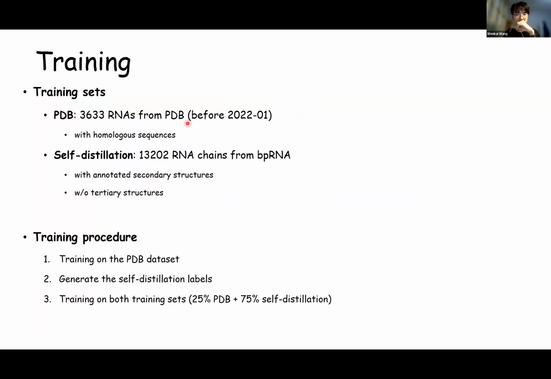We used two training sets to train the RNAformer network. The first consists of over 3,000 RNAs from the PDB database that were released before 2022. These RNAs each have at least one homologous sequence so that the MSA can be used.